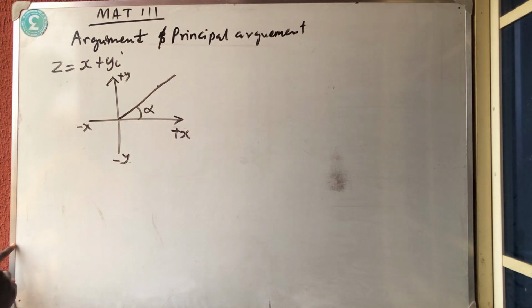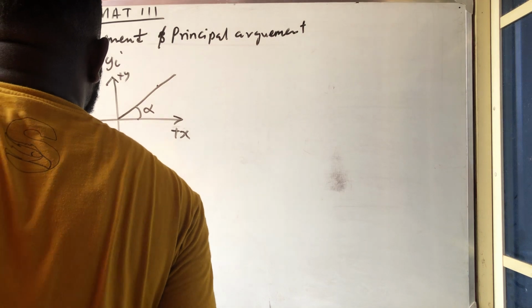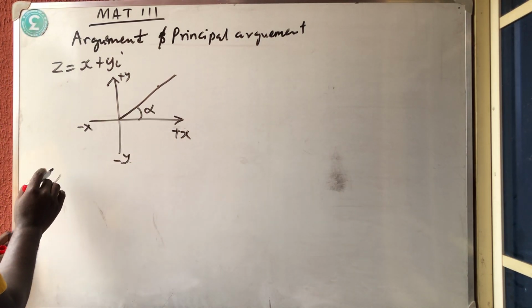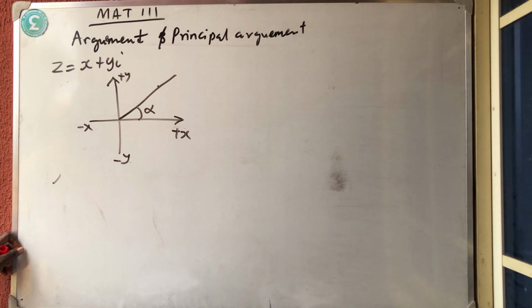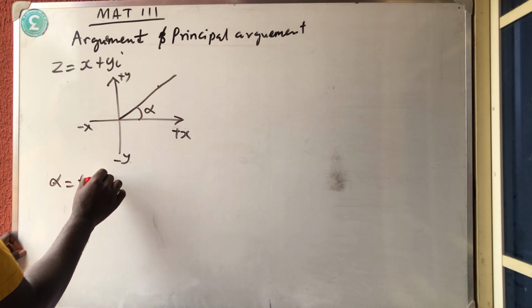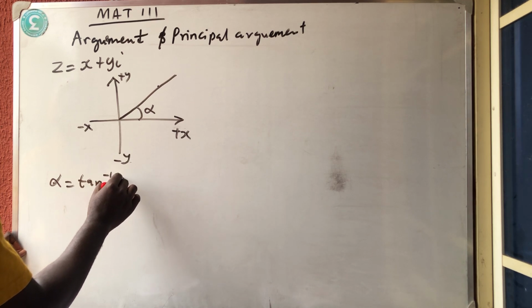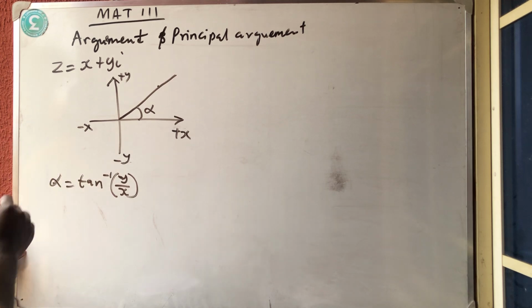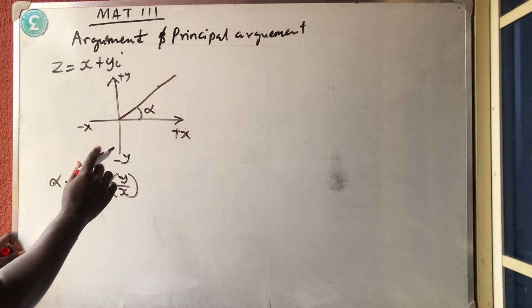Let me call it alpha. Now, to get your alpha, your alpha is simply the tan inverse of y divided by x, y over x. Okay, that is for the first plane.